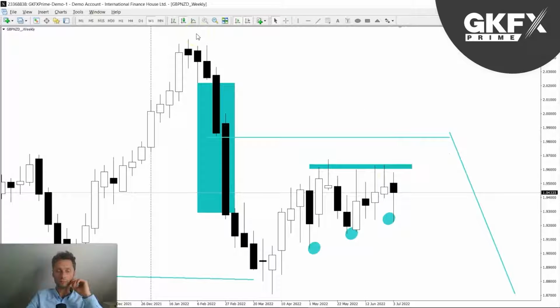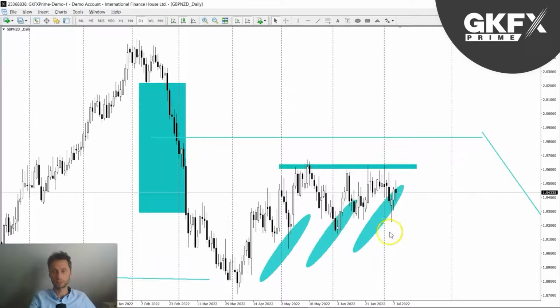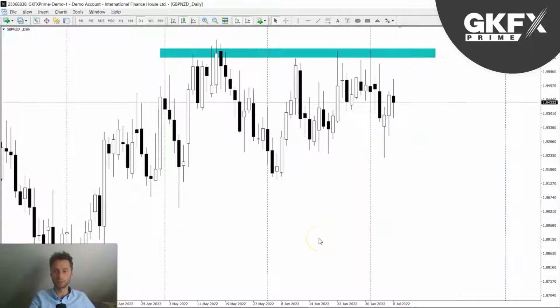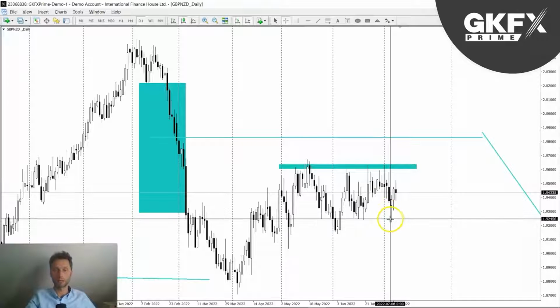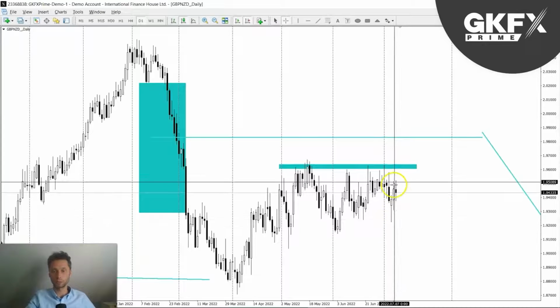Now, with that probability in mind, with that outlook as it stands, we could be wrong, but let me delete these. Let's just see where we stand. So I'm looking at this as a possible latest low.